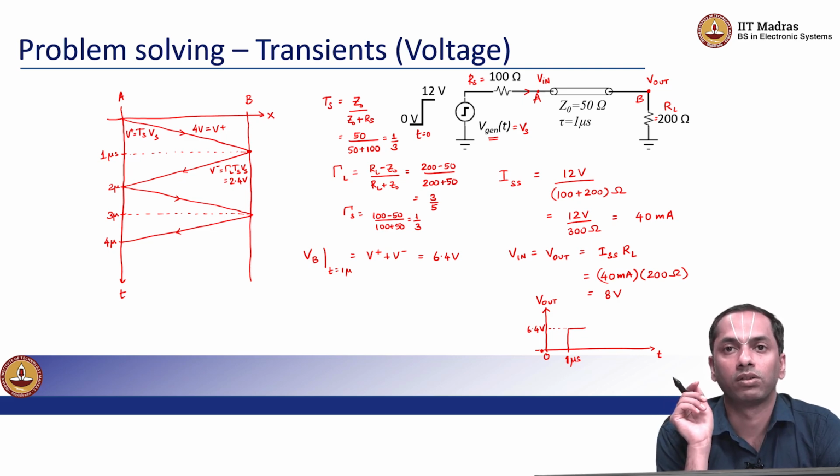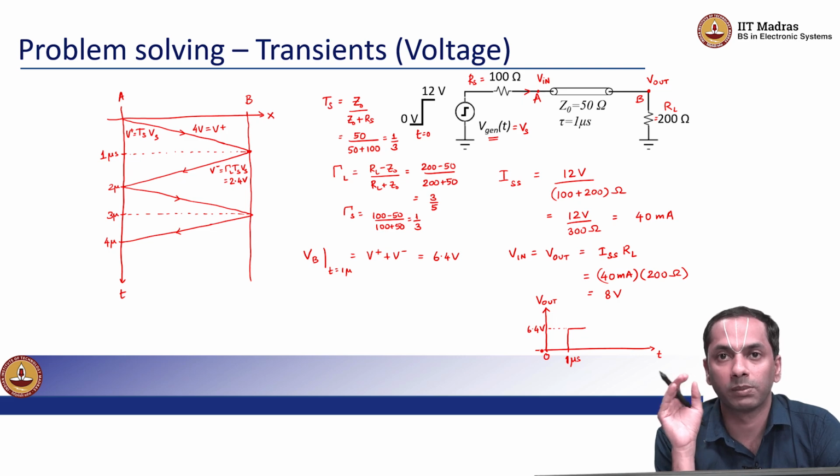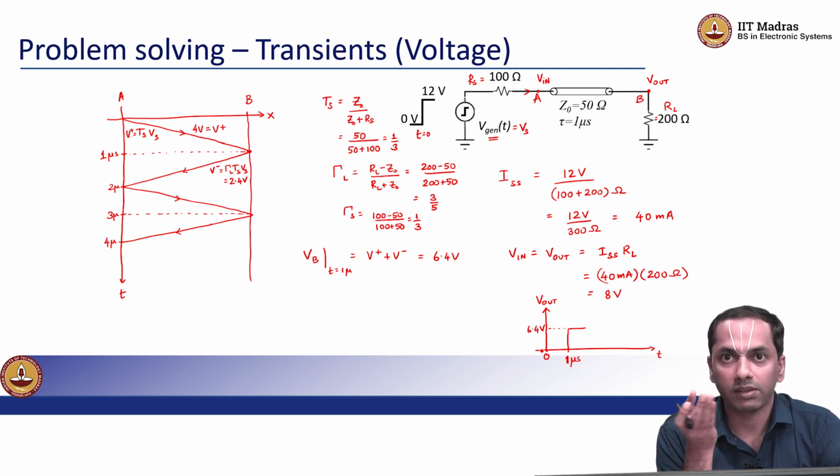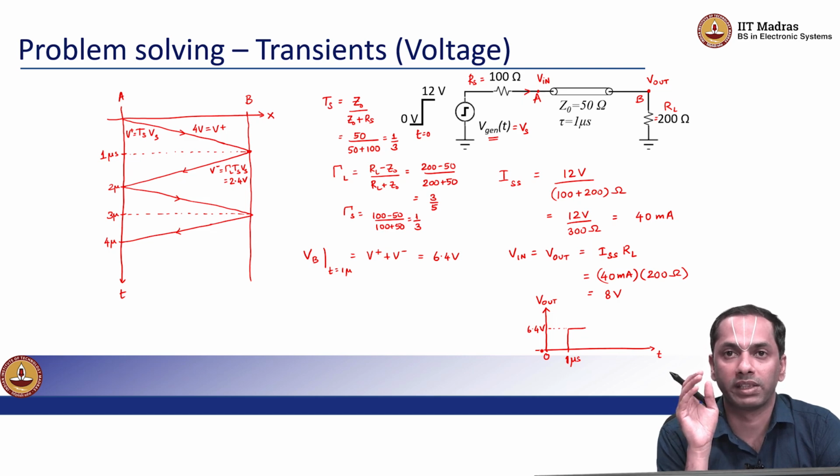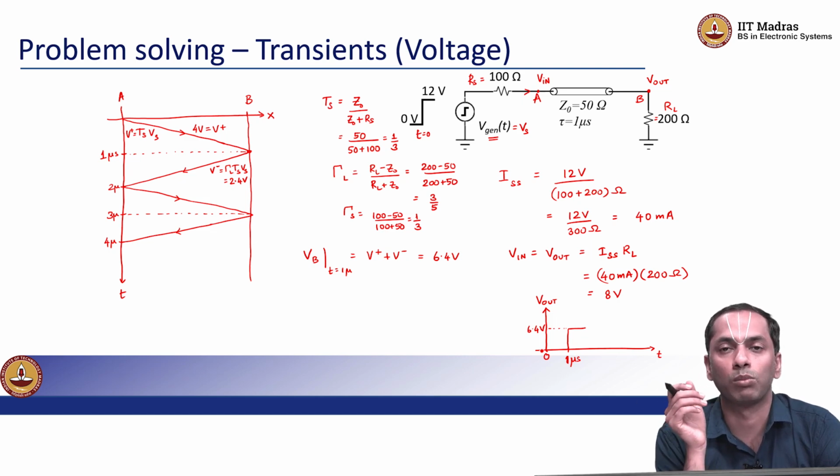So, in some sense the system is understanding that the load is not matched to the characteristic impedance. Some portion of the signal is being sent back, almost like a messenger carrying information about the source and the load back and forth. You are sort of having this transient behavior.